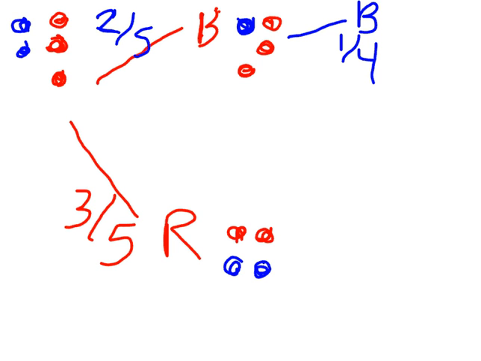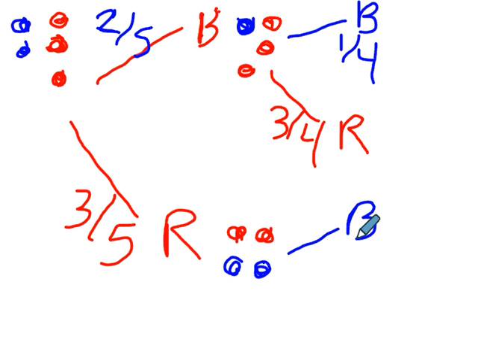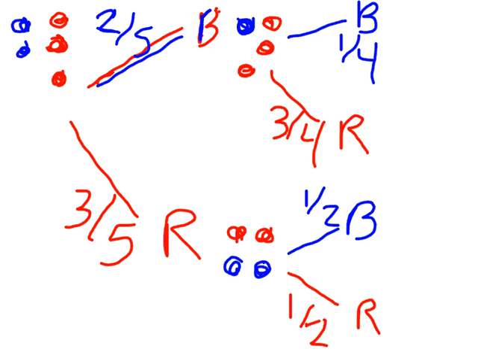I could have also drawn a red from there, and the probability of that happening would be 3 out of 4. Likewise, down here, I could draw a blue, and that would be 1/2. Or I could draw a red, and that would also be 1/2.